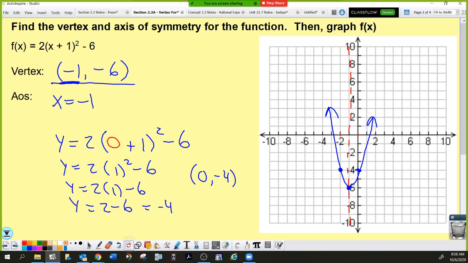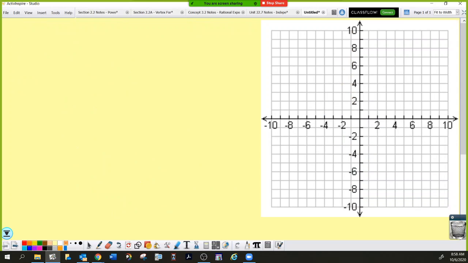So let's do some practice. I've got a generic grid up for us, and I'm asking that you just do some stuff with me. I want to know, can you identify what this graph looks like? Can you tell me what its vertex is?